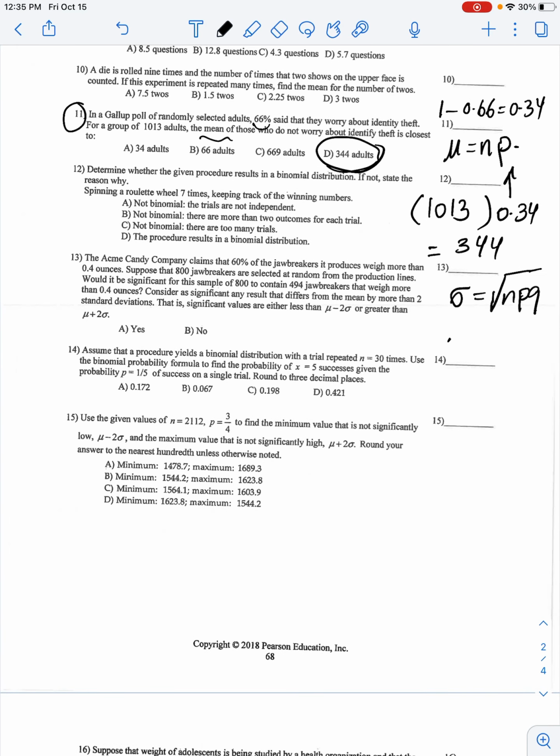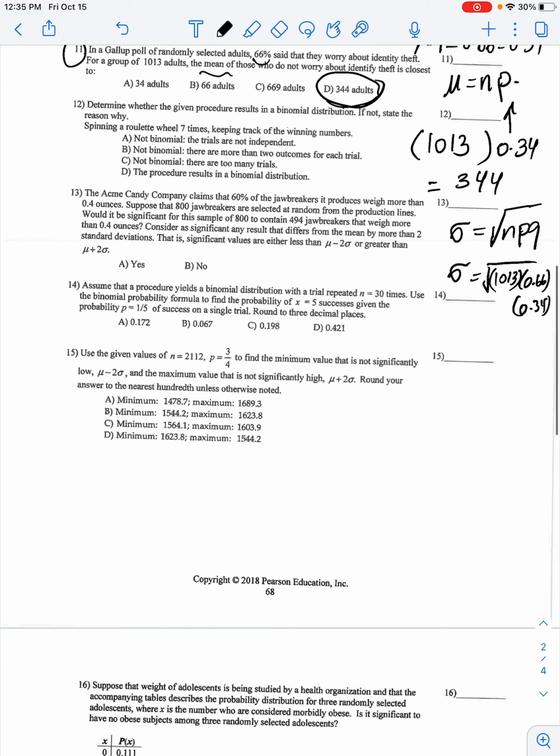So if I was finding the standard deviation here, it would have been n, that is 1,013, times p, that was 0.66, times q, that was 0.34, the remainder of 0.66. So if this is p, q is the subtraction of that, or vice versa. Okay.